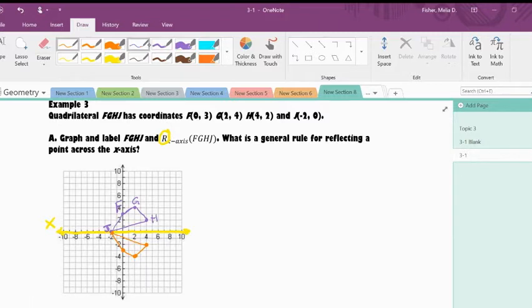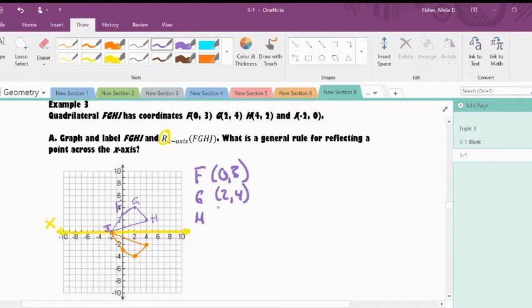Let's look a little more closely at these points. F was at 0, 3. G was at 2, 4. H is at 4, 2. And J is at -2, 0. This is J, and J prime are exactly the same spot.